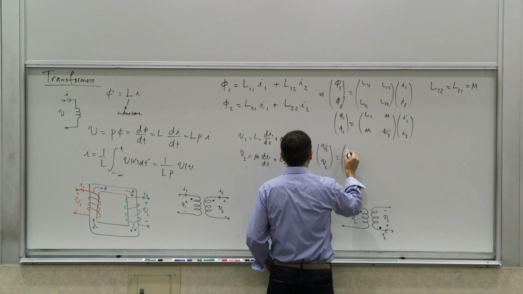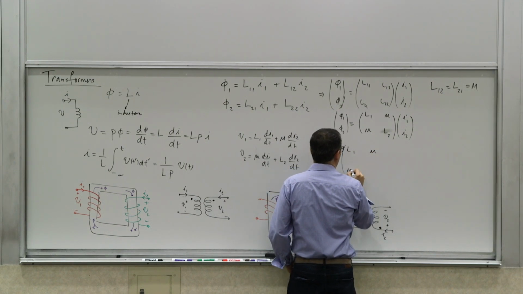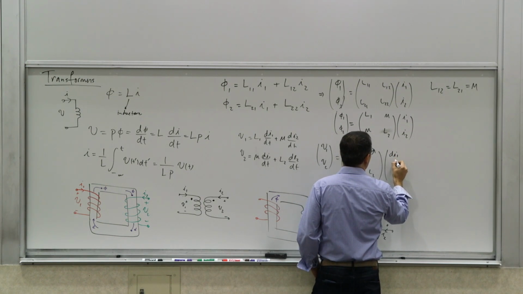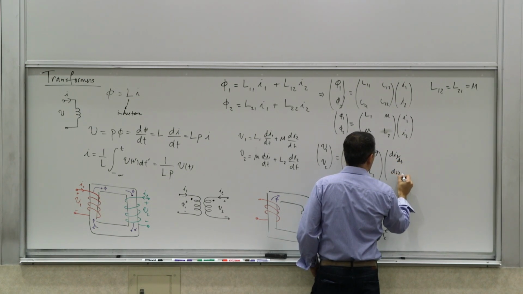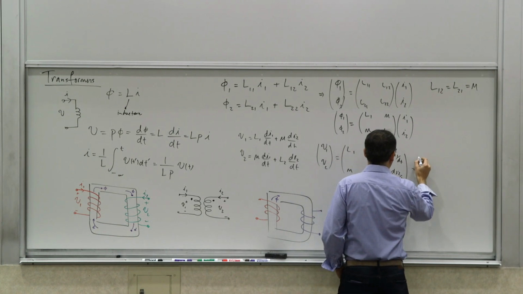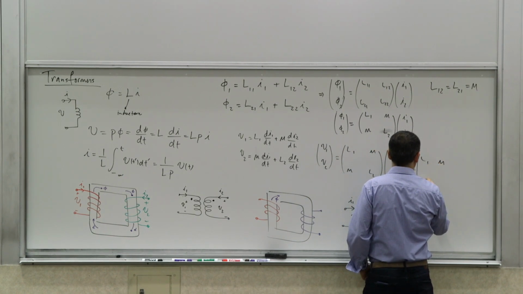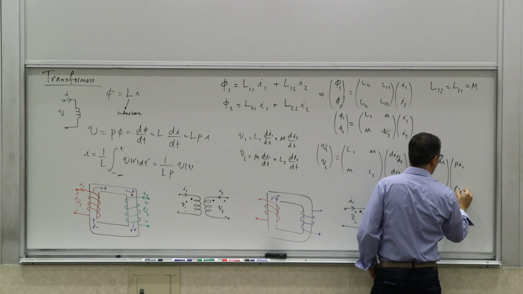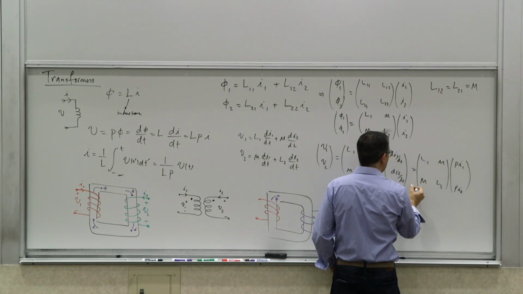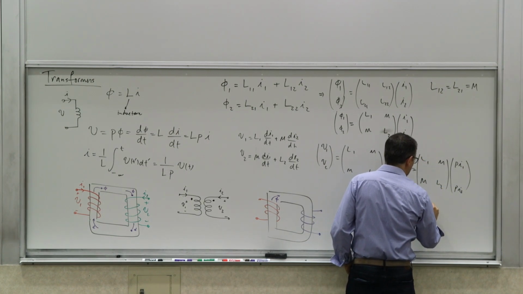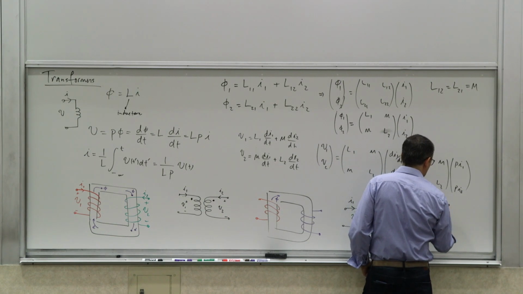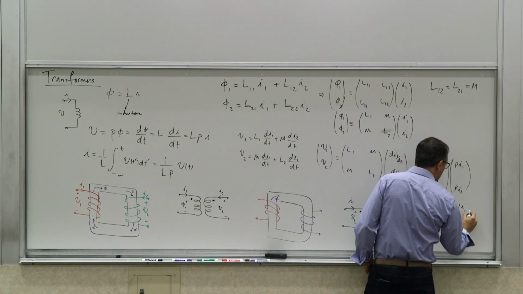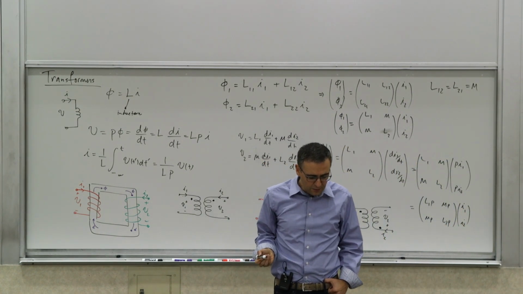You can write it two different ways: as L1, M, M, L2 times di1/dt, di2/dt, or as L1, M, M, L2 times pI1, pI2, or you could even absorb the p's into the matrix if you really wanted to: L1p, Mp, Mp, L2p operating on I1 and I2. You could think about it that way if you prefer.